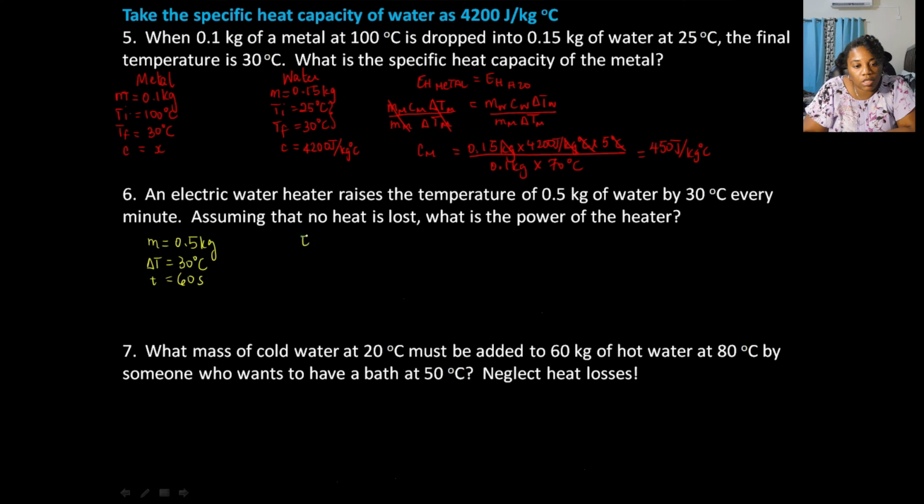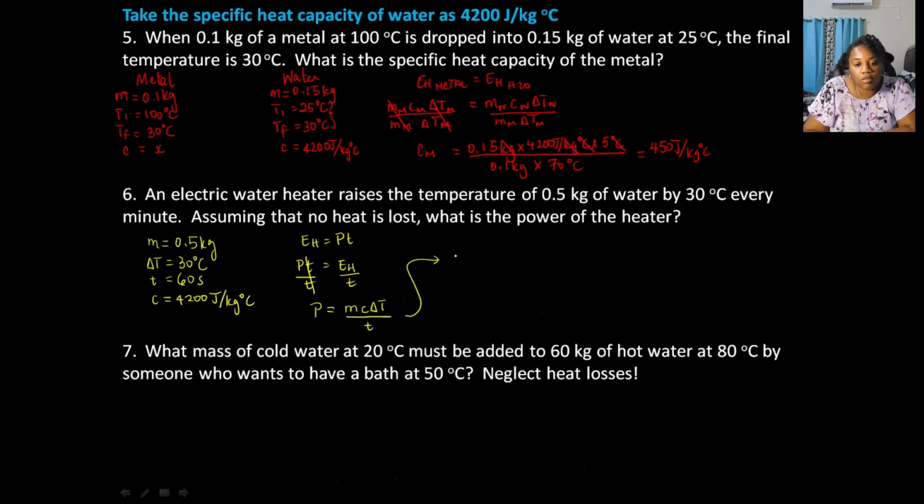So if EH is equal to P times T, we could switch it around so that it makes sense to us. And we're searching for the power, so we're going to divide both sides by T. We're dealing with water, so the specific heat capacity of the water will be 4200 joules per kilogram degree Celsius. So we know P is equal to m c delta T, because EH is m c delta T, over time.